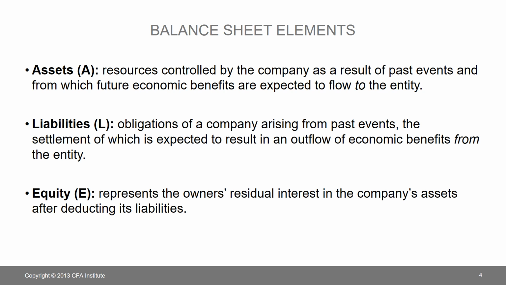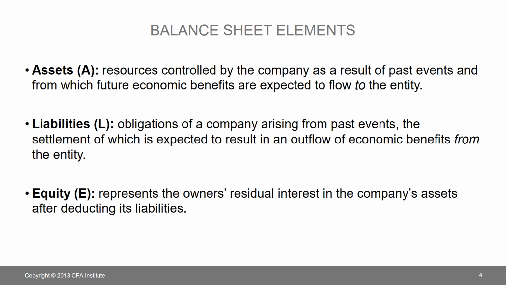So we begin with the assets, which we usually represent by the letter A for an abbreviation. The assets are what the company owns or controls, and more formally, assets are the resources controlled by the company as a result of past events and from which the future economic benefits are expected to flow to the entity.